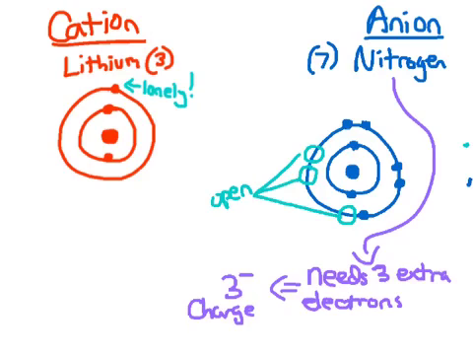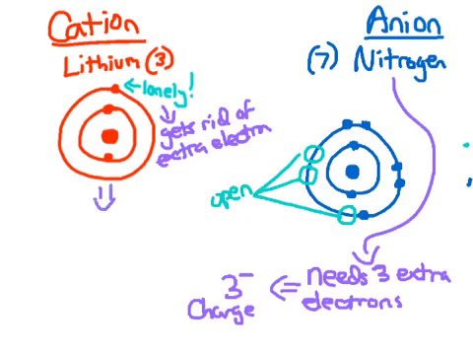So lithium gets rid of it. And so, lonely, it gets rid of the extra electron. Because it now has 1 fewer negative charge than it does protons, it becomes a 1 positive charge. And that's why this happens.